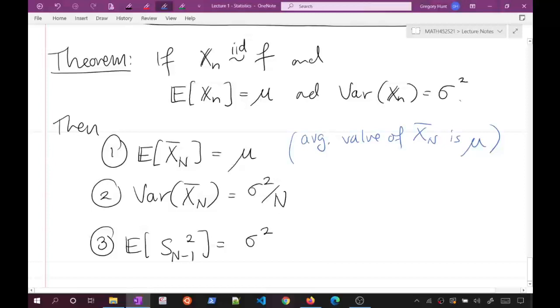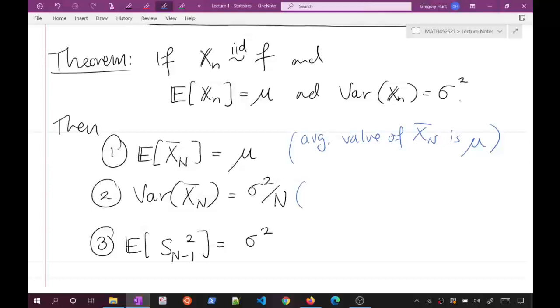The second property of the arithmetic mean is about the variance of that estimate. If I draw a sample, it's not always going to give us exactly the mean mu back. Sometimes it'll be too high, sometimes it'll be too low.